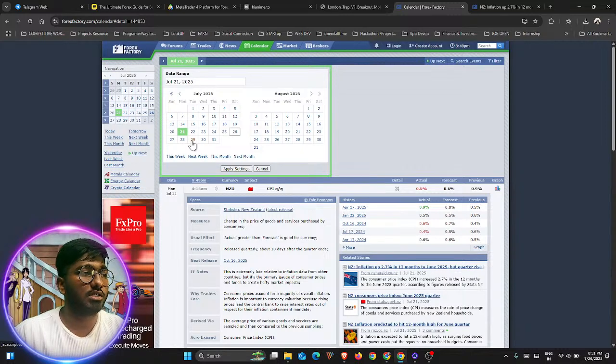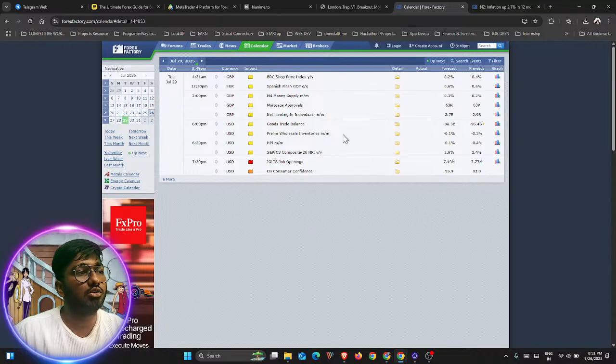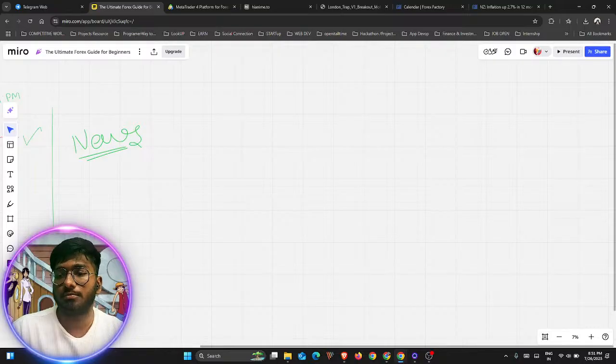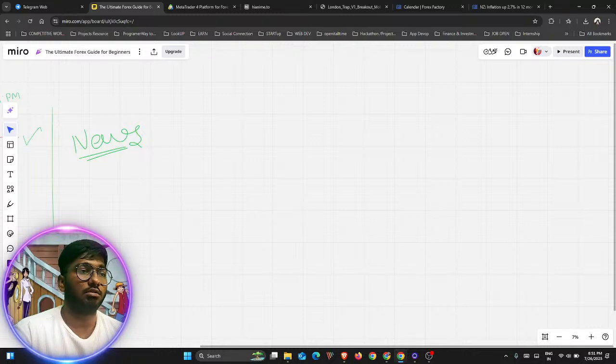If you are trading next week, go to the 29th and you can see the news is still there, though it doesn't mean the news will hit that exact day. So be cautious first. The key events news include NFP and CPI, and the interest rate or central bank announcements. Those exact news you have to be aware of.